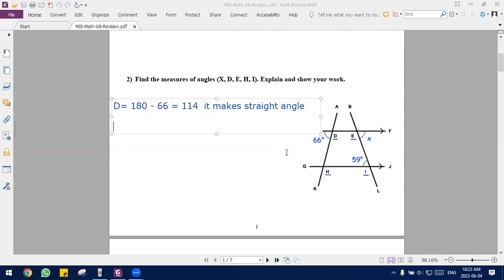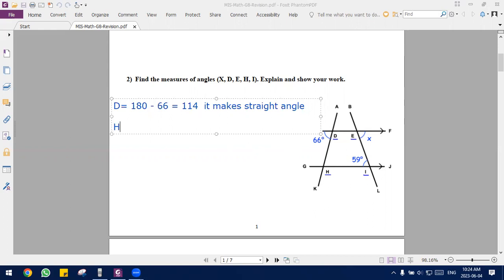Now, to find H, for example, as you can see here, D and H are on the same side. So these two can be considered corresponding angles, so they are equal. You can make the F letter here.